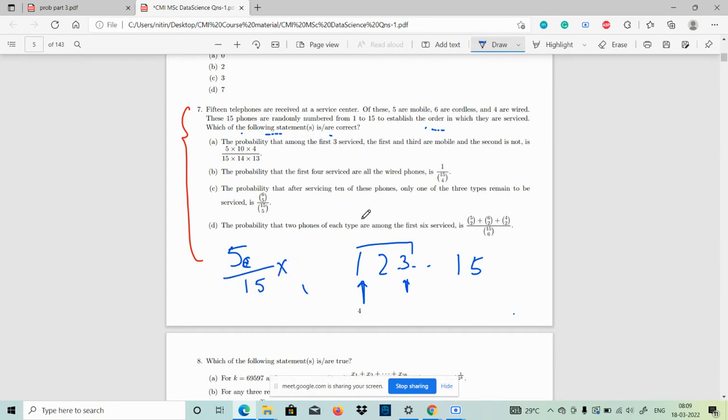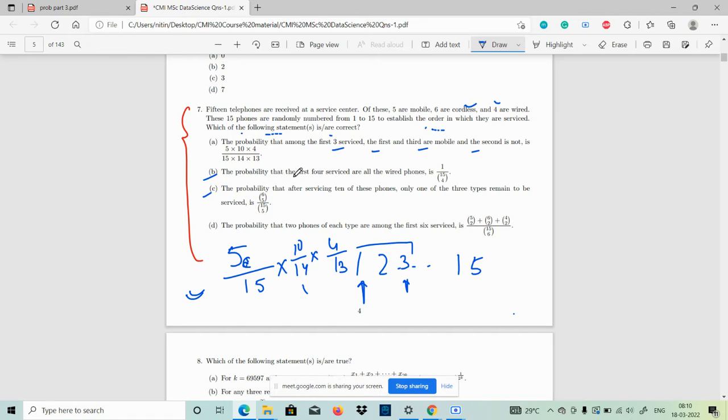The second one is not mobile, so it can be either cordless or wired. Out of 10 choices, you can choose any one, so it's 10 by 14, now obviously 14 left. And the next one is also a mobile. For the third one, we now have only four mobile, so 4 upon 13. So this is the probability that the first and third serviced are mobile, and the second one is not. Similarly, you can calculate all the options and check which one is correct and which is not.